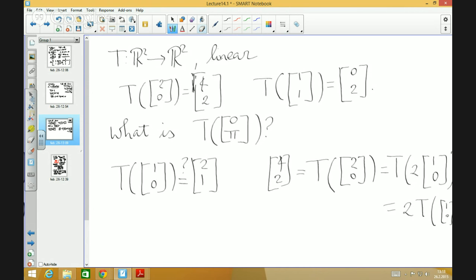Dr. Watson, I also know something else about T. And since this is a murder mystery, let's make this red, the blood evidence. The blood evidence tells us that T of (1,1) is (0,2). So can our Sherlocks here use this information to figure out what T of (0,1) is?